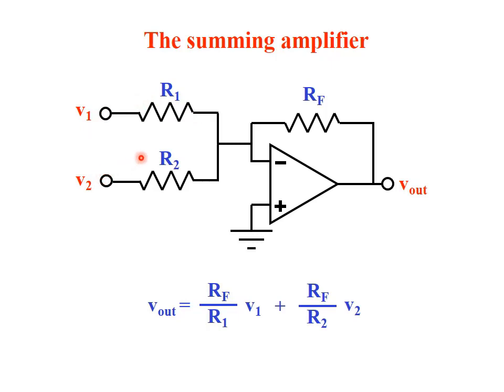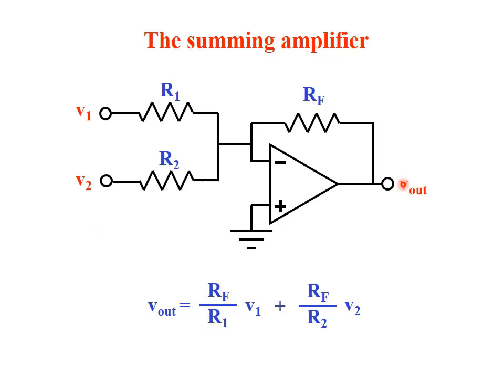If you remove R2 from this circuit diagram, you will have the inverting amplifier. So we can have 2, 3, or 4, 5, and so on by adding more paths and a resistor, and then we can have V3, V4, V5 and so on.